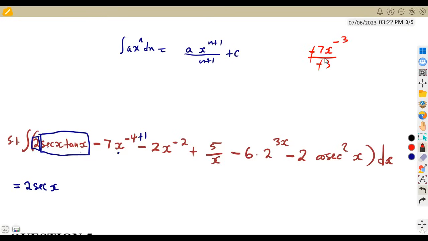So our answer was supposed to be 7x to the exponent of -3 over 3, which is fine. Or you can rewrite this by taking the x to the exponent of -3 down, and it becomes a positive. So this will be plus 7 over 3x to the exponent of +3. We take it down, so it is going to be a +3.